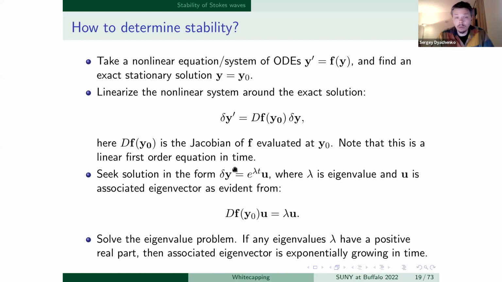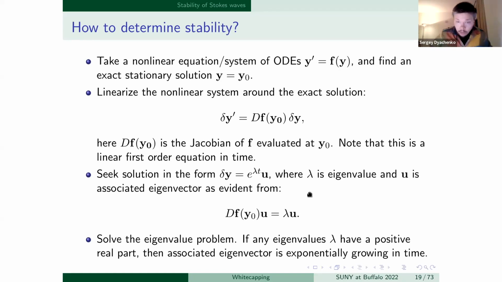So we look for a solution in the form delta y equals e to the power lambda t times vector u. And once we plug this ansatz into the system, we get a really nice eigenvalue problem with the matrix Jacobian of f evaluated at y naught applied to vector u equals lambda times u.